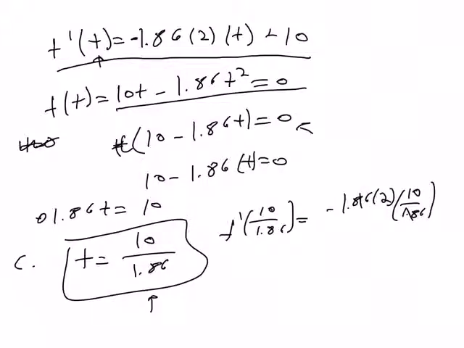These are going to cancel, plus 10. So it's going to be negative 20 plus 10, which is negative 10. So the velocity at which you hit the surface is negative 10 meters per second.